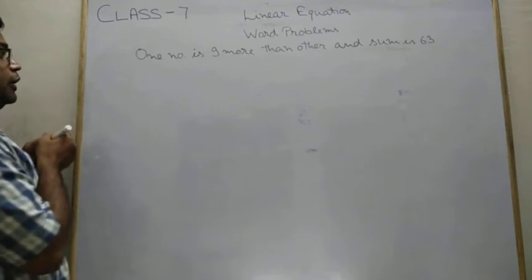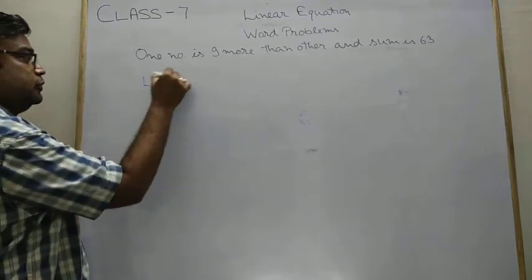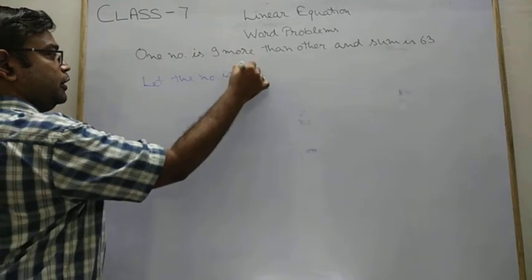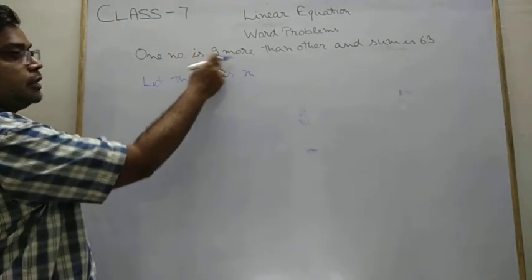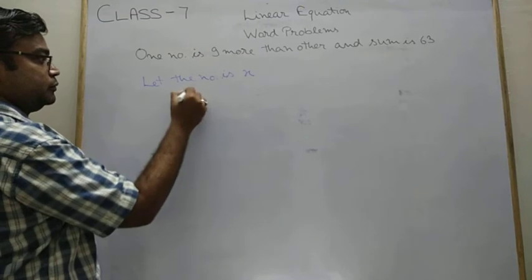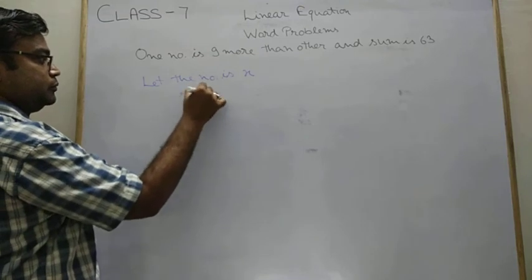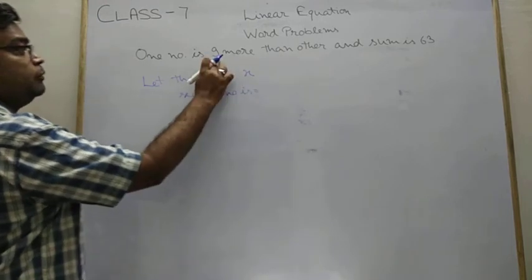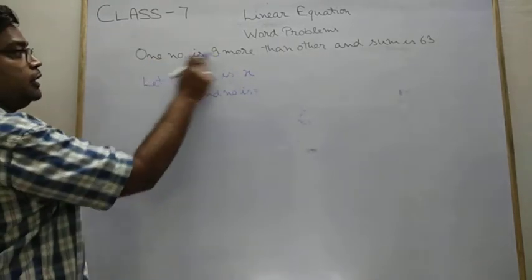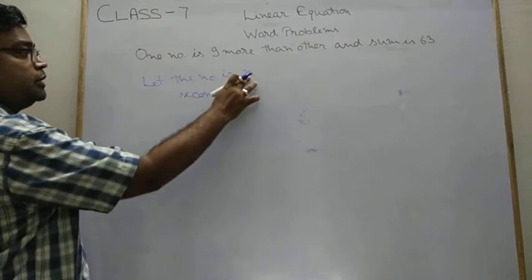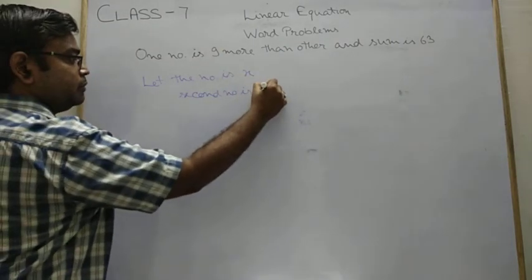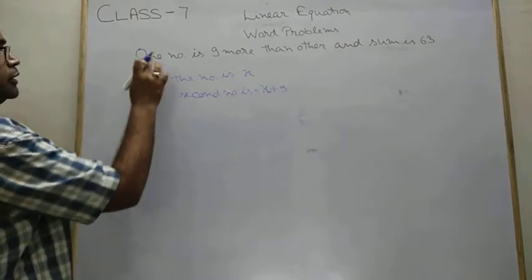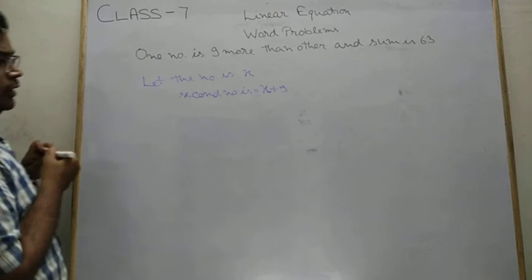So let the first number be x, the second number is x plus 9, because it is given that one number is 9 more than the other. So one number is x, then the other number may be x plus 9. These are interlinked.